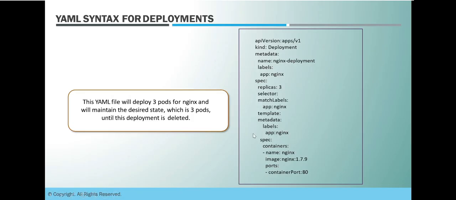So multiple labels can also be applied here. Now you can see this match label and this app pod label need to be the same. Here you are giving the name to your pods, and here you are telling your deployment that pods with this label need to be managed and 3 replicas should be ensured during the life cycle.